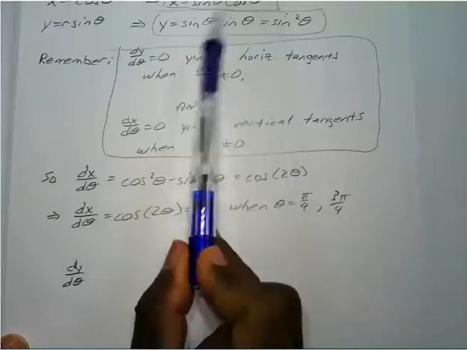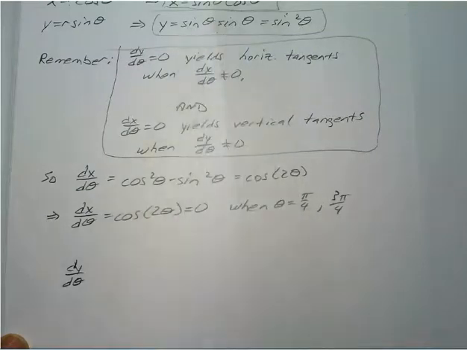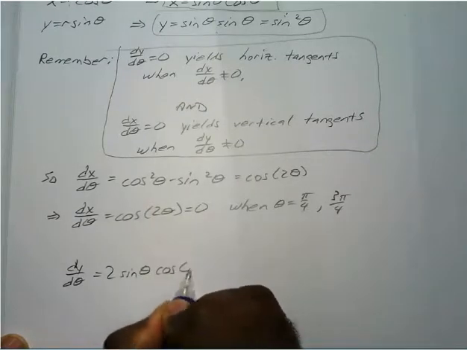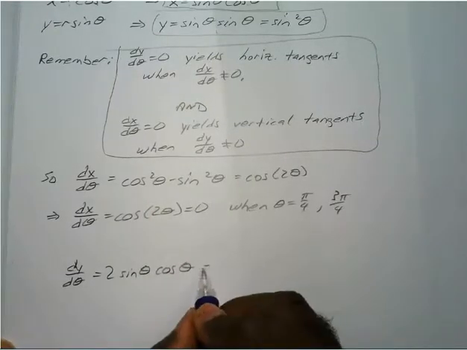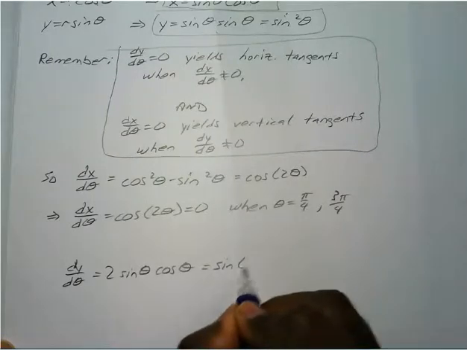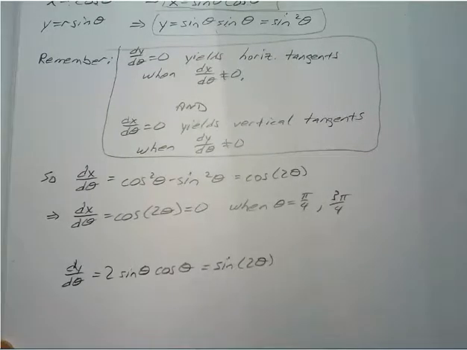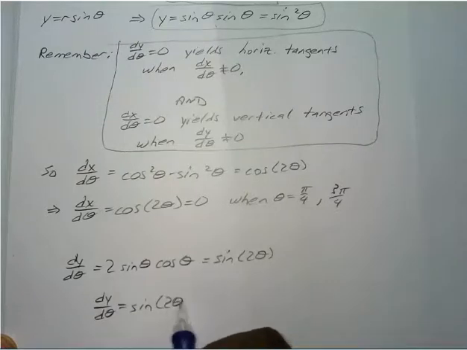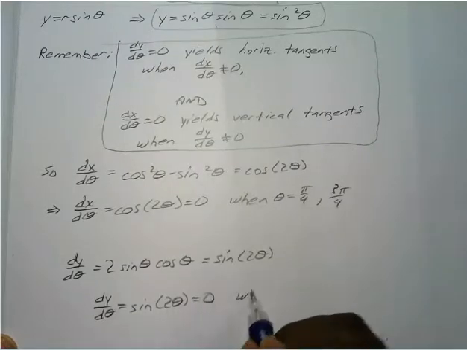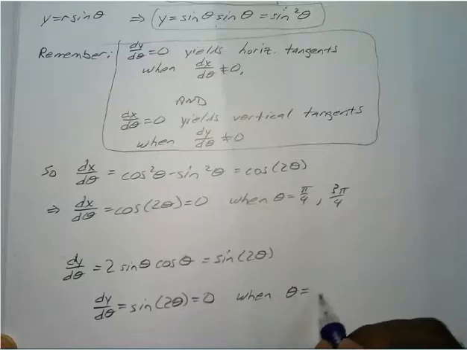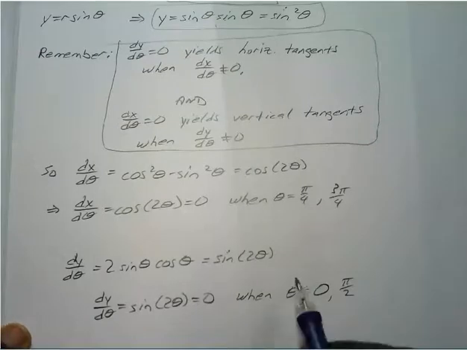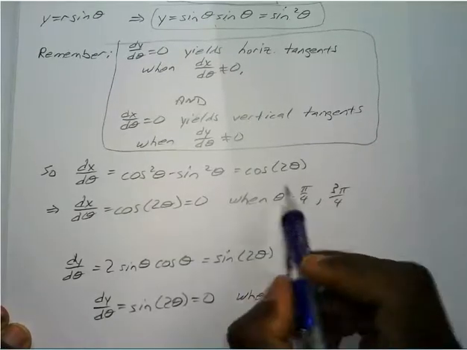You can use sine squared or you can use the product rule here, but you end up with 2 sine θ cosine θ, which, using your trig identities, is equal to sine of 2θ. So dy/dθ, which is sine of 2θ, equals 0 when θ is equal to 0 or π/2. Okay, so we have our θ values.